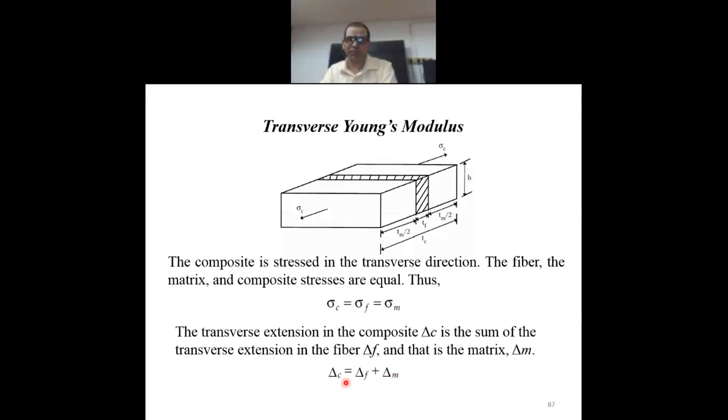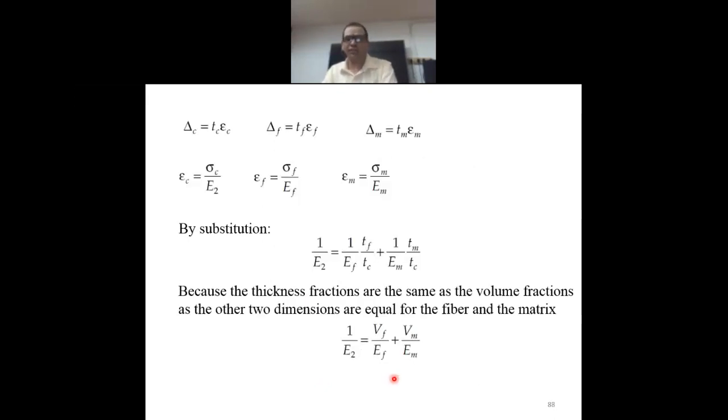The deflection of the composite is the summation of the fiber plus matrix. Using this concept, we can arrive at the Young's modulus in the transverse direction, E2. If you know the Young's modulus of fiber and matrix and the volume fraction, we can find the Young's modulus of the composite in the transverse direction, that is E2.